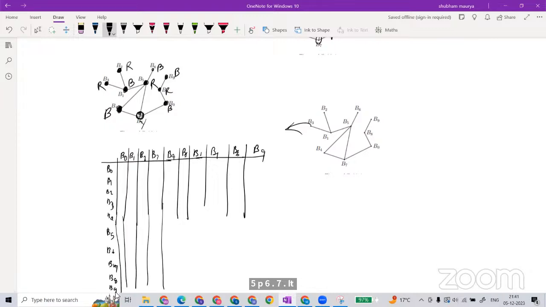Like this, we list out all the vertices.